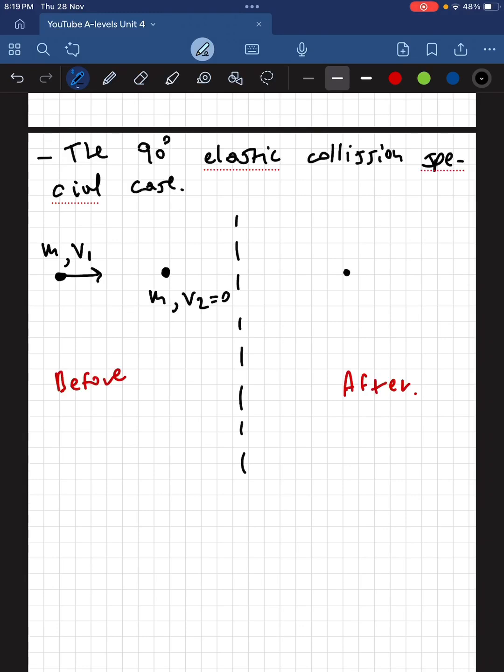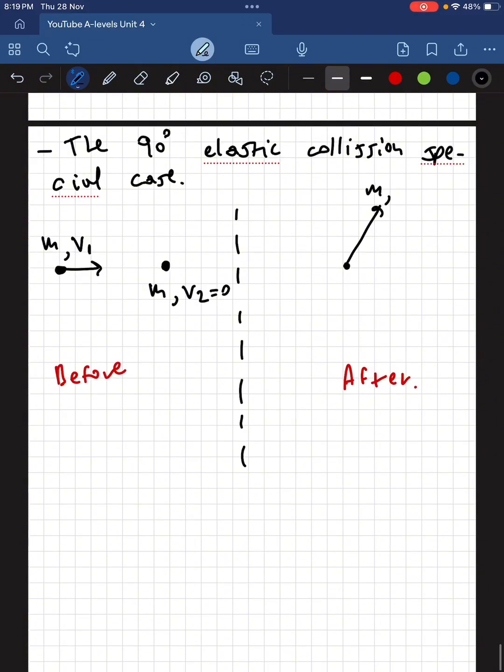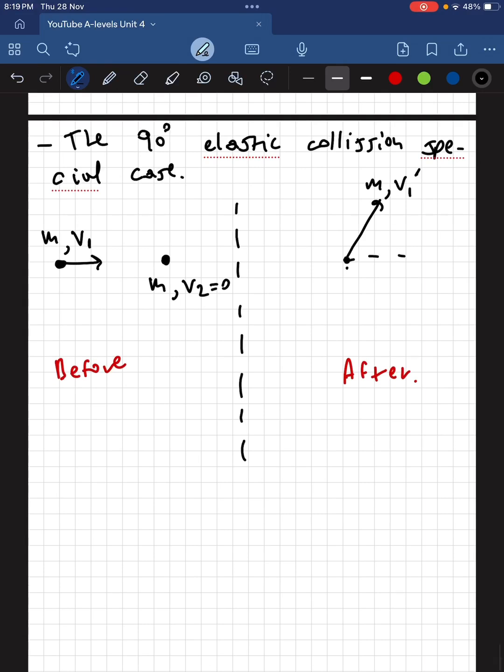And afterwards, you have the first mass moving with velocity v1 prime in this direction, making an angle theta with the horizontal. And then you have the second mass, which has the same mass, moving in this direction phi with velocity v2 prime.